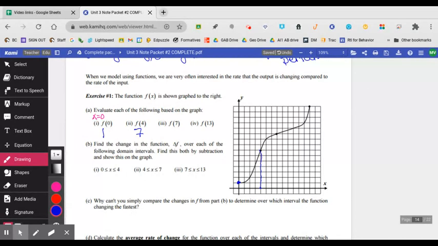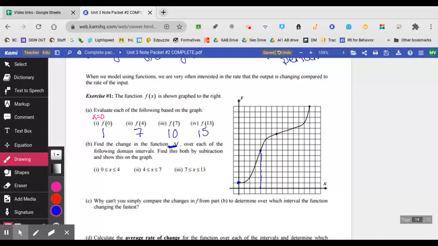So hopefully you found that f of 7 is 10 and f of 13 is 15. For part B, it says find the change in the function, delta f, so that's just the change in y over each of the following intervals.